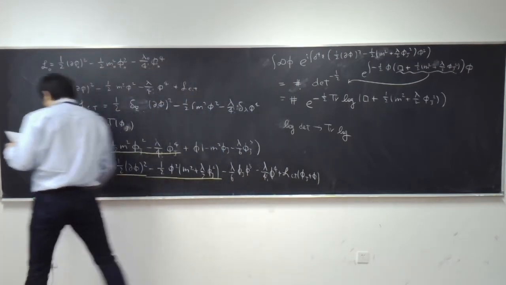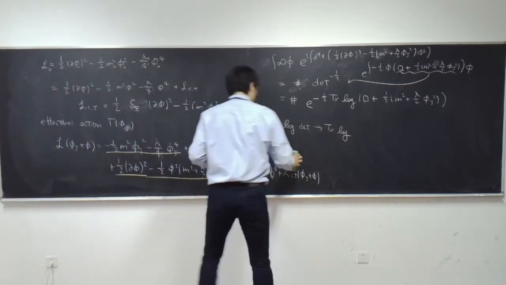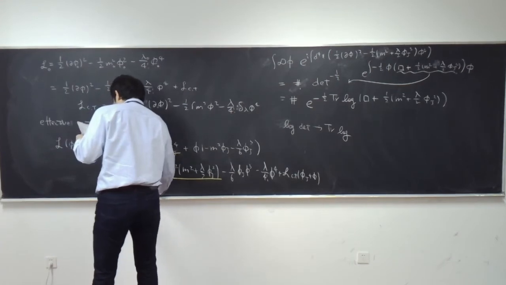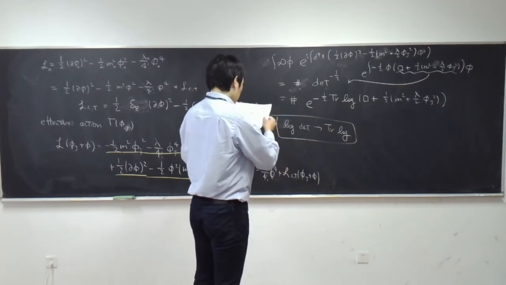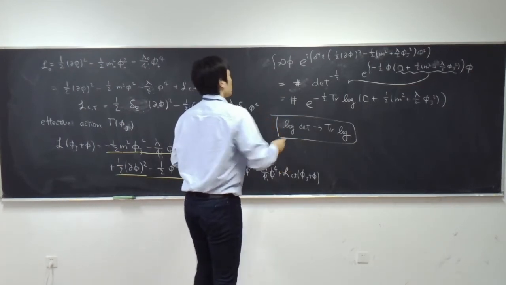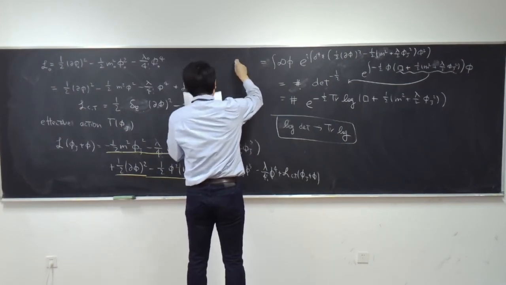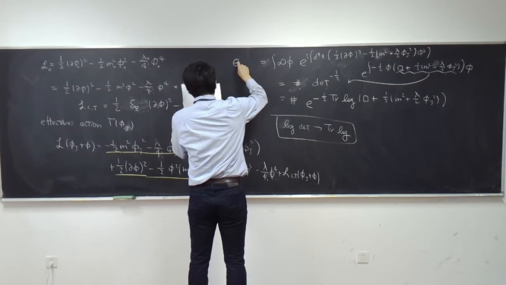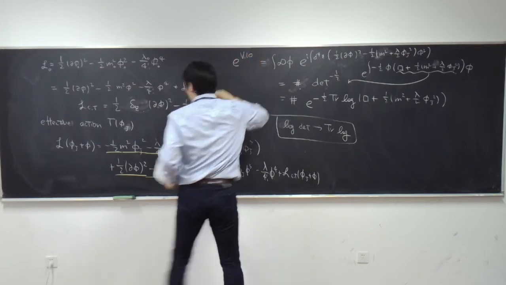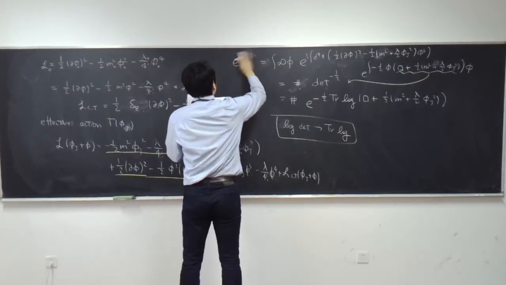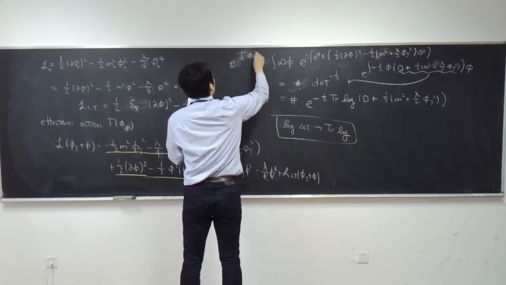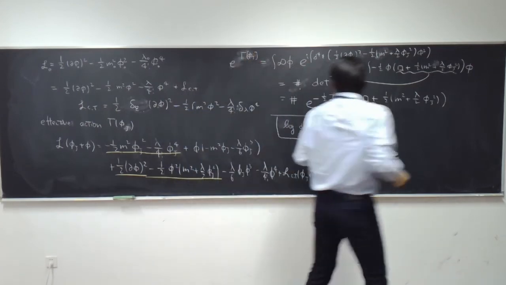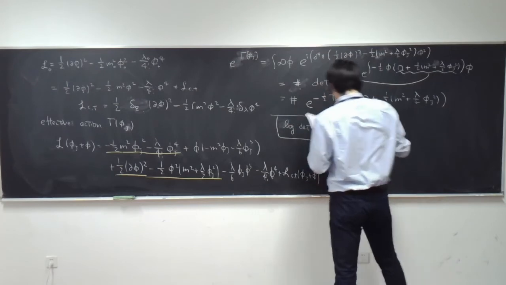So we do the Fourier transformation. If you use the Fourier transformation, this will give you the so-called effective potential, e to the V1, or what I want, gamma of phi_j, essentially with some number.